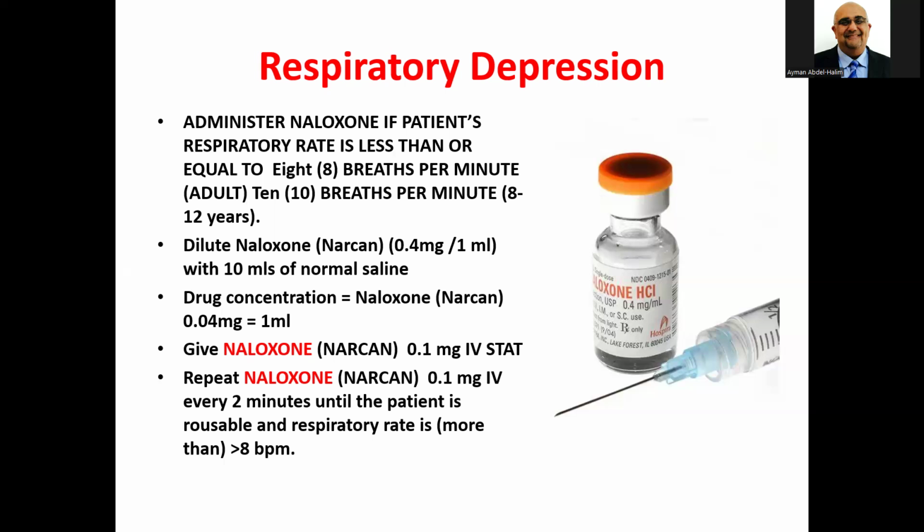Be super careful, guys, because if you give it as a bolus one time, you can cause acute pulmonary edema because you will just aggravate the sympathetic system in your body. So do it slowly and observe the patient.